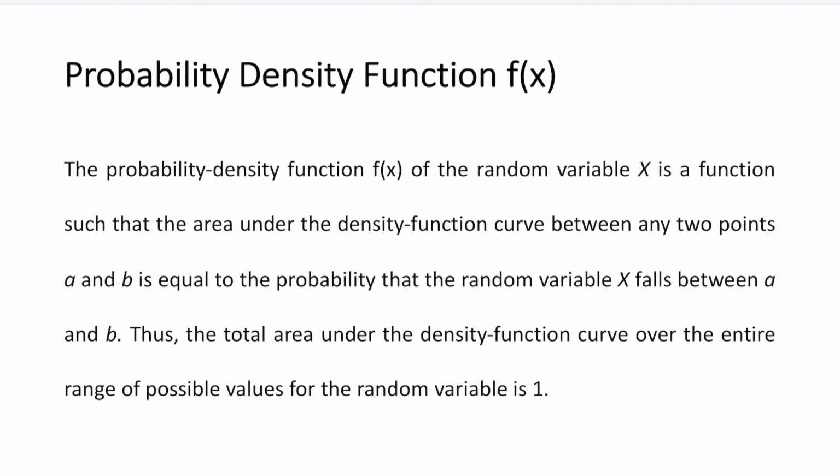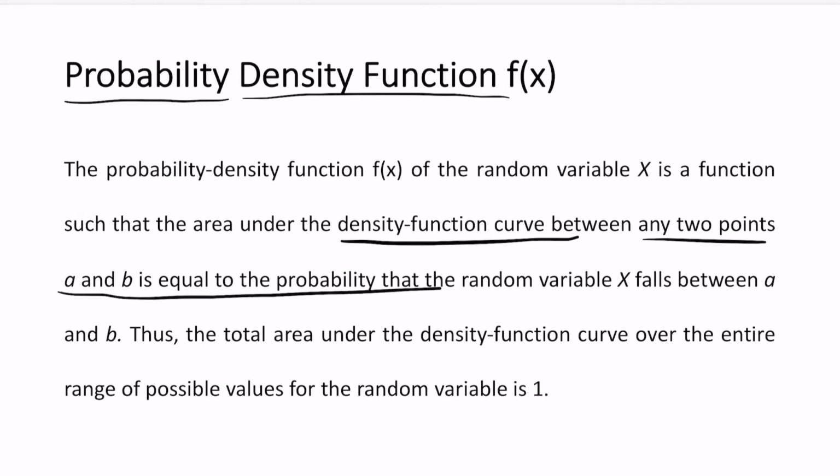To represent this, we use the probability density function. If you remember, for discrete distributions we call it the probability mass function because those are specific values. But here we call it the probability density function because the area under the density curve between 2 points A and B is equal to the probability that x falls between A and B.